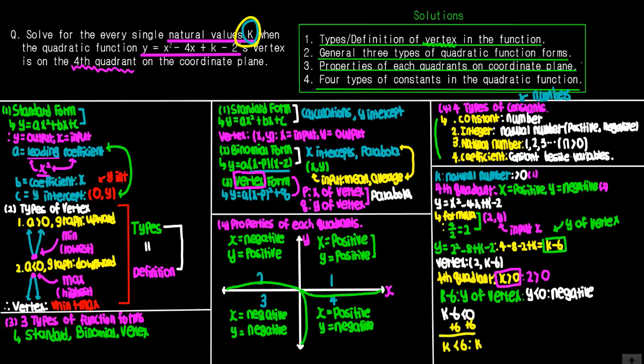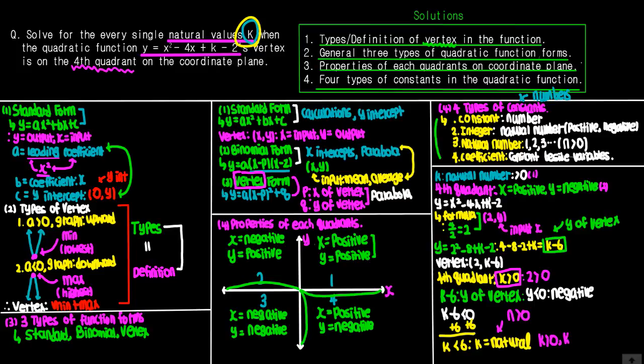But k should always be a natural number. If you think about the properties of a natural number, n should always be greater than 0. That means k should be greater than 0.